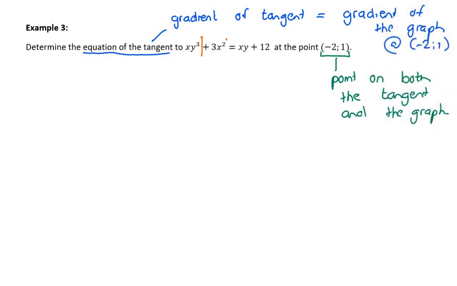There are 4 terms here to differentiate. The first is a product rule. You have x and then y cubed, so x is function number 1, and y cubed is function number 2. The derivative of the first function, the derivative of x, is 1, multiplied by the second function left alone, y cubed, plus the first function left alone multiplied by the derivative of the second function.